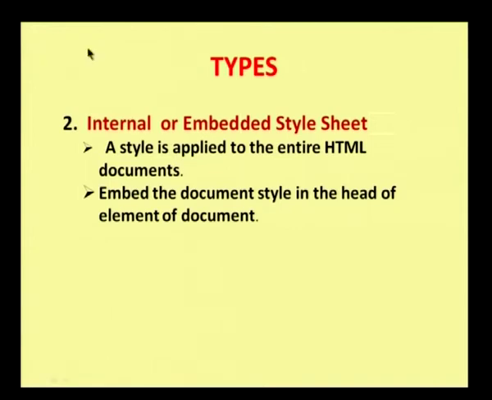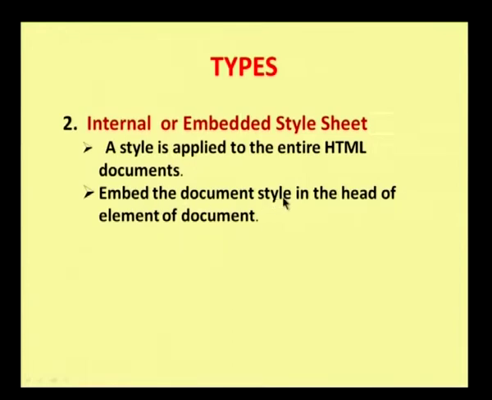Let us see what is meant by internal or embedded. A style is applied to the entire HTML page. For inline, it is applied only to a single element, whereas in embedded we can apply once, and wherever the element appears, the style will be followed or accessed. And what is meant by embedding?